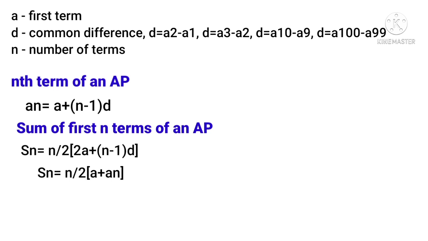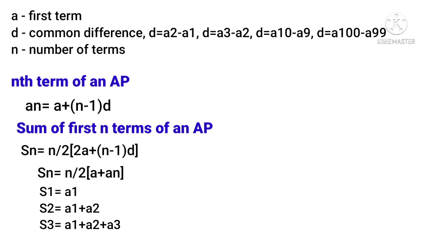Here Sn is the sum of the first n terms. Therefore, S1 is the sum of one term, that is S1 is equal to A1. S2 is the sum of the first two terms, that is S2 is equal to A1 plus A2. Similarly, S3 is the sum of the first three terms, therefore S3 is A1 plus A2 plus A3.